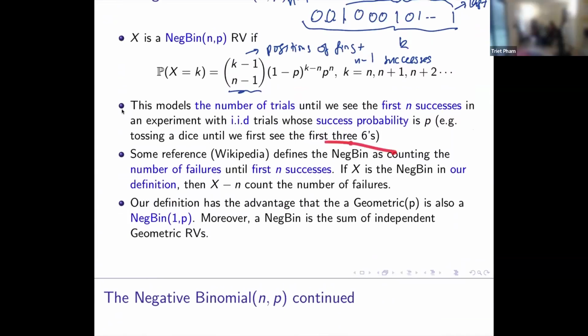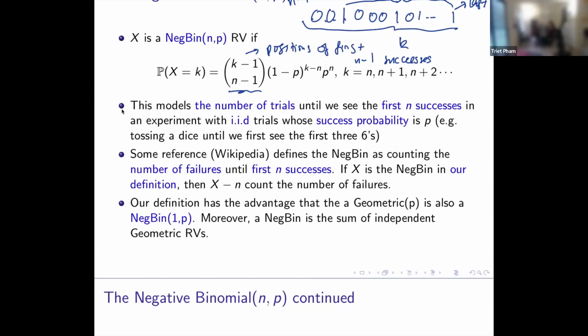As with some random variables, not all, there are different parameterizations, meaning that people describe the same phenomenon, but they choose to parameterize it differently because they choose to count different things. This is just a fact of life that you have to get used to.